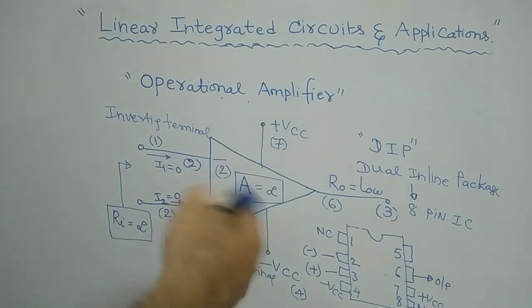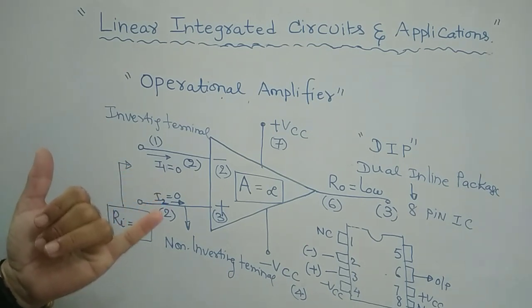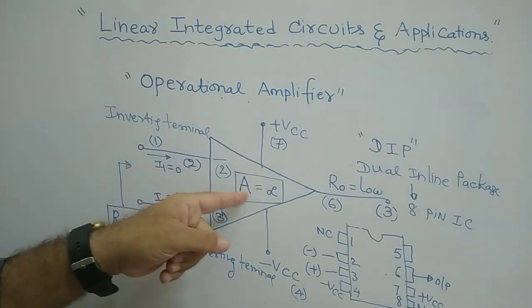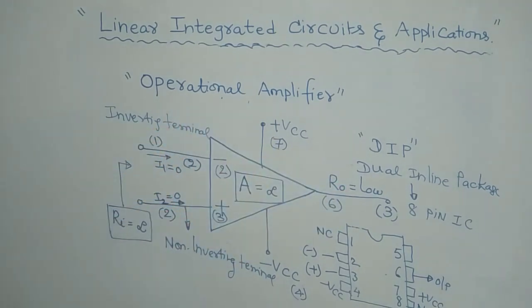Similarly, the bandwidth is another parameter, and that is also infinite ideally. These are the ideal characteristics of an operational amplifier.